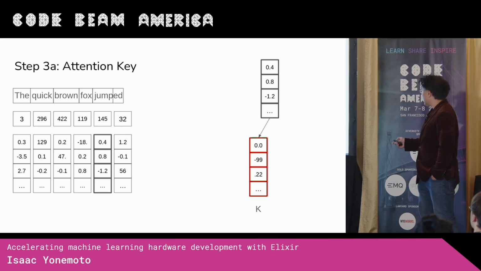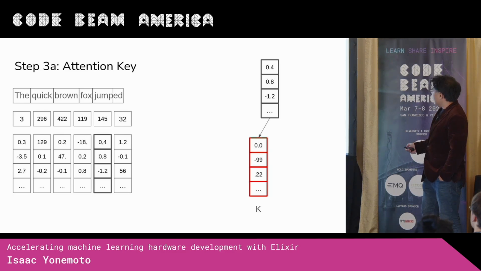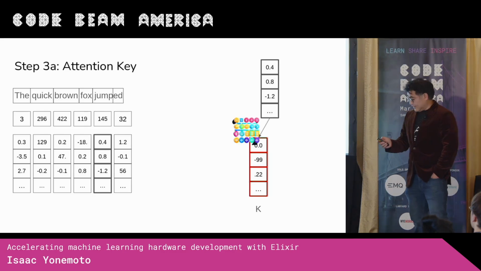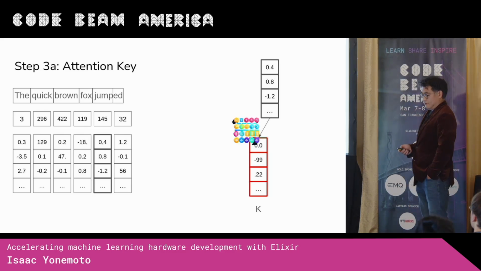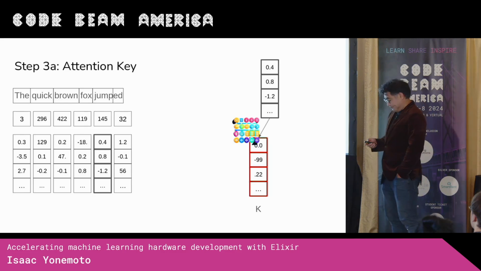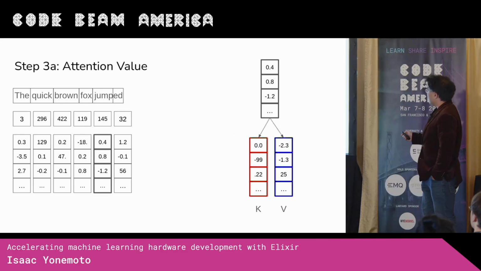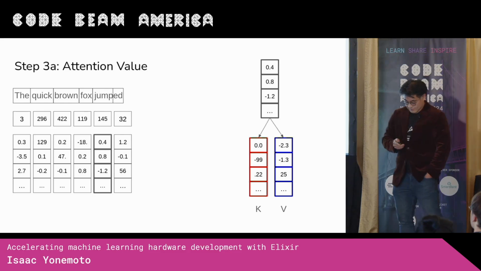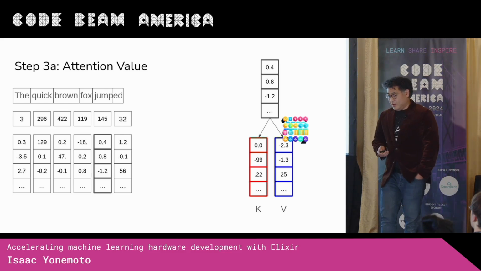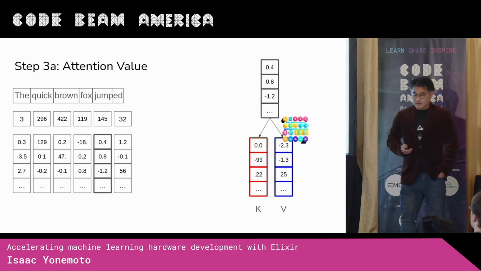How do we generate this key? Well, this is a 4096 vector, and this is a 4096 vector. So we have a giant 4096 by 4096 matrix that we multiply it against. Then from the same initial vector, we're going to create something called a value vector. Again, a huge matrix multiplication.